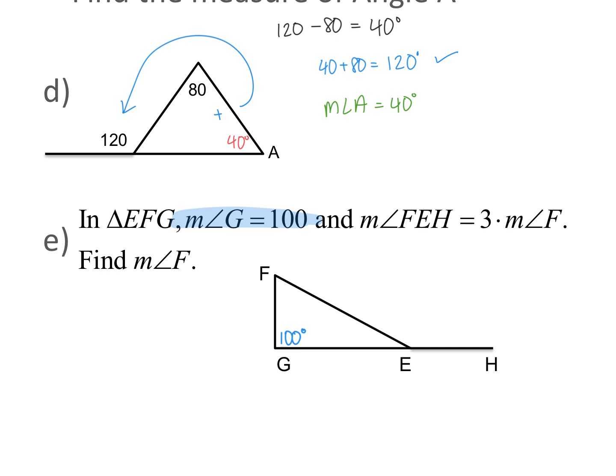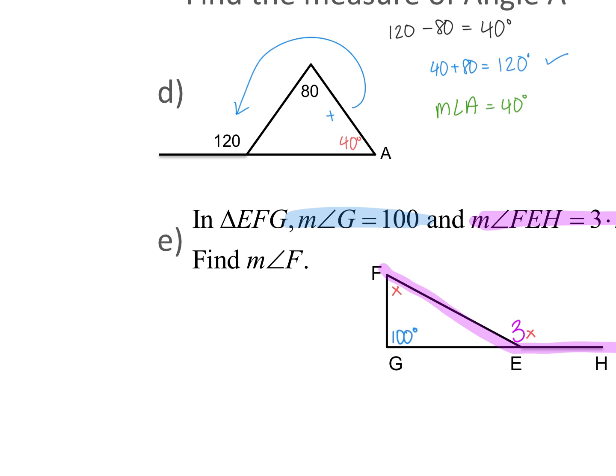Then they're telling me that the measure of angle FEH, so here's F, here's E, here's H, is 3 times the measure of angle F. Do I know what the measure of angle F is? No, so I'm going to represent it as X. How would I set this up as an equation to solve it? I'm writing an equation, so it has to have an equal sign in it. Any ideas for this one?